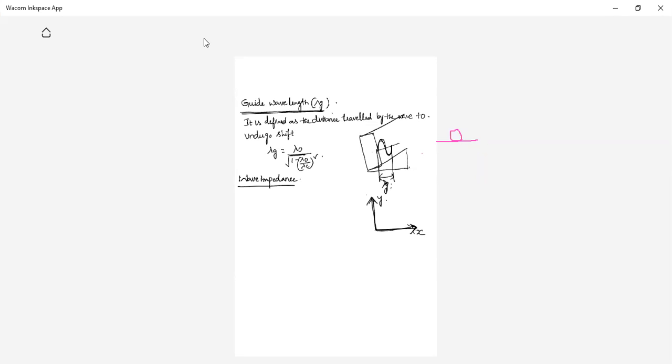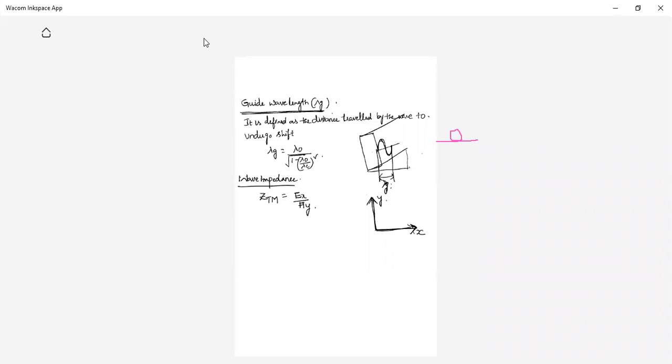Transverse direction means I can write ZTM as Ex by Hy.